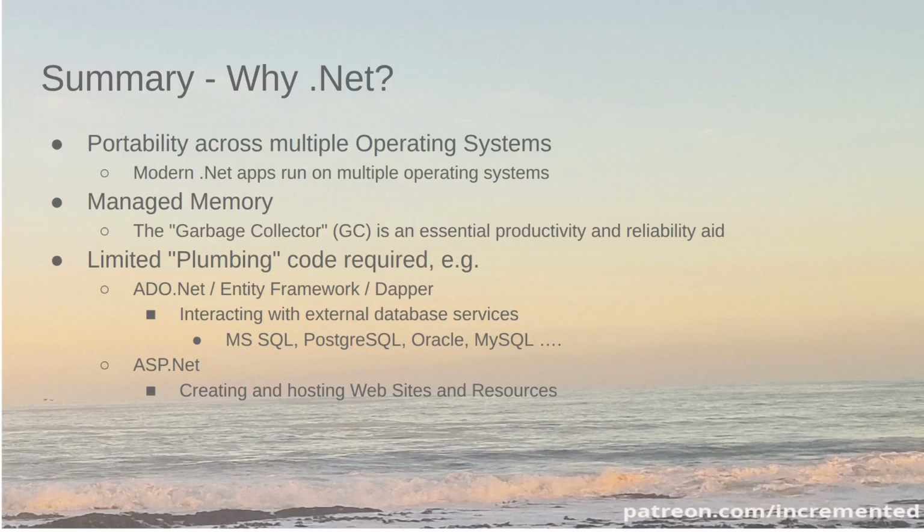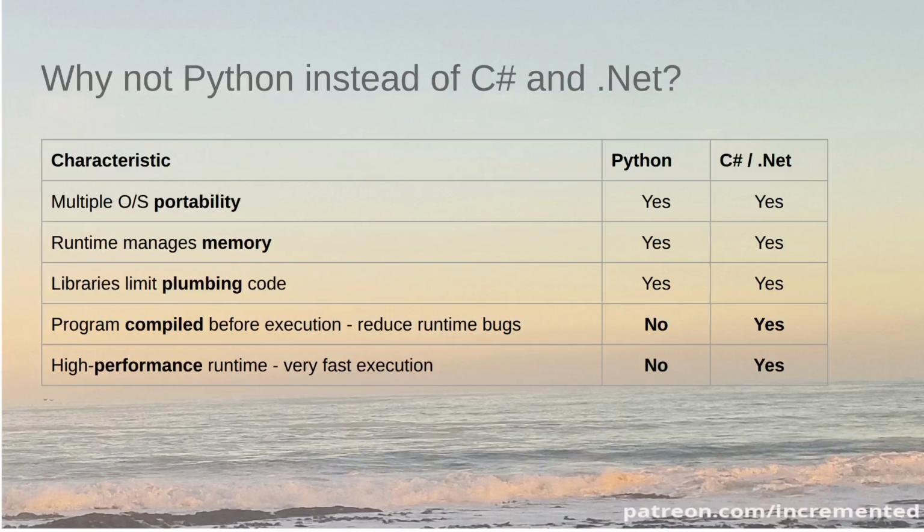So an astute observer could say, well, why don't we just use Python instead? Because Python shares a lot of these characteristics. Surely if I wrote a Python app, it would run on Linux or Mac OS or Windows. Yes, that's absolutely true. And as a Python programmer, you don't need to allocate and free up memory. You don't need to worry about it. The Python runtime will manage memory for you.